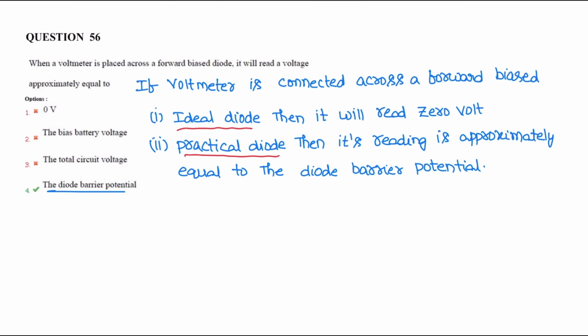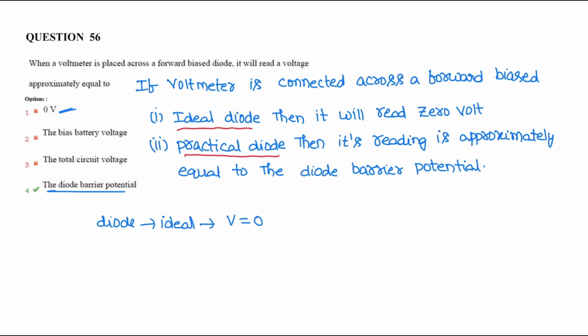So in this question, if the diode is ideal, then the voltmeter reading is 0. So option 1 is also treated as correct, because in the question they did not mention whether it is an ideal diode or a practical diode.